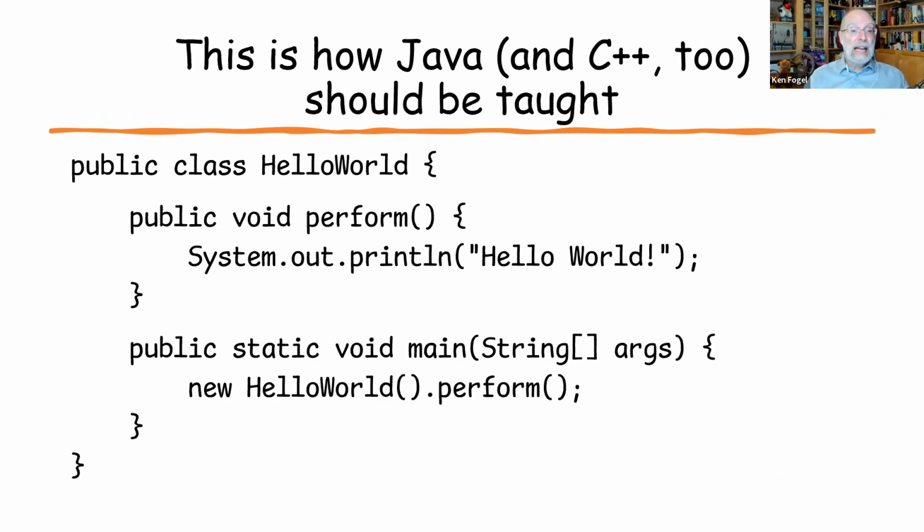This is how I teach the very first program. This is an object-oriented program. To be able to get to the method perform, you must instantiate an object.